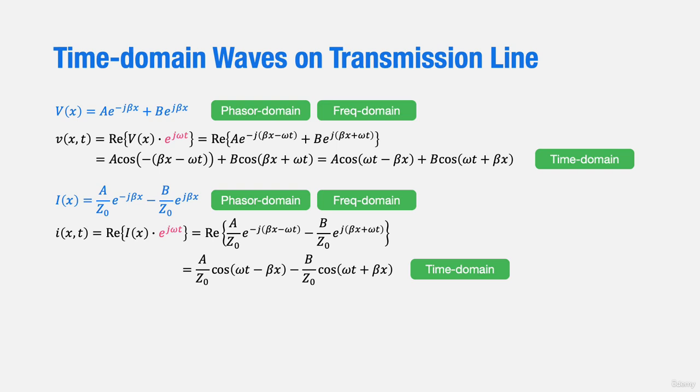Notably, the coefficient Z0 represents the characteristic impedance of the transmission line. This mathematical value describes the relationship between the voltage and current waves on the line, which we will discuss shortly.